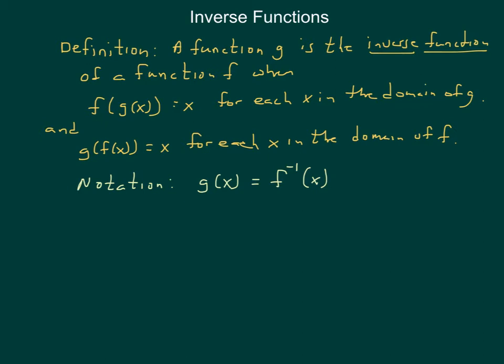Notation-wise, if g is the inverse function of f, we use this notation right there, f raised to the -1 power of x. Again, remember, we talked about this last year: when we were dealing with function notation, that -1 as an exponent does tend to cause some problems, but this is the inverse function of f.